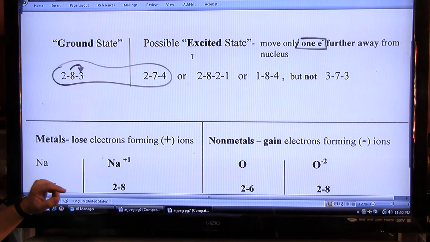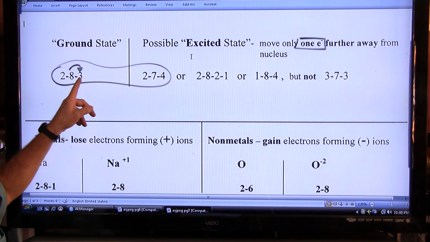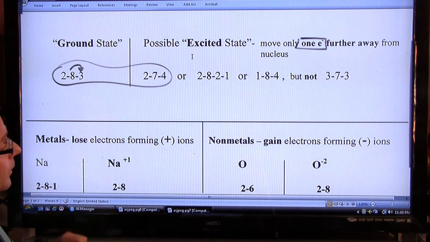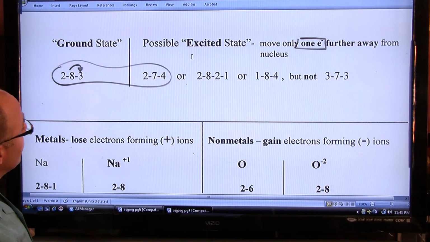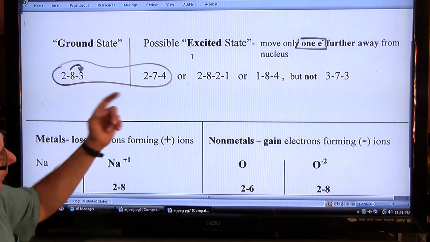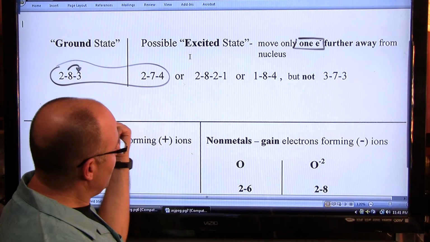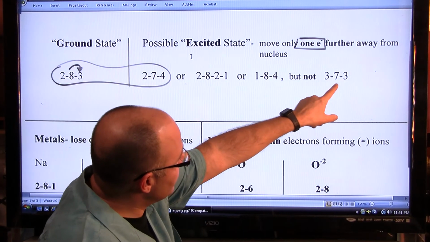And look, another possibility: how about we take an electron from the third orbit and move it to a fourth orbit, or a distance further away. In that case, you'd get 2821. So we're always going to the right, away from the nucleus. But we're never going in the opposite direction, where we would get 373.